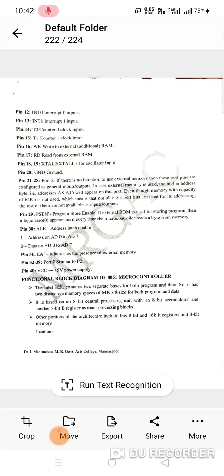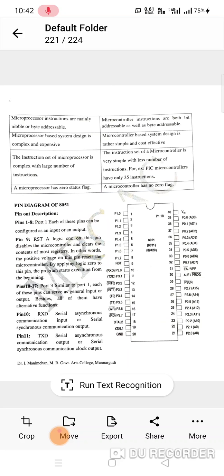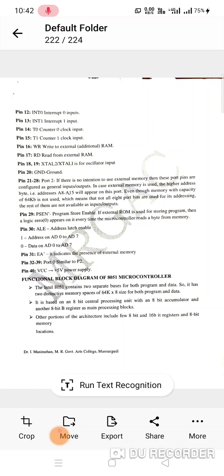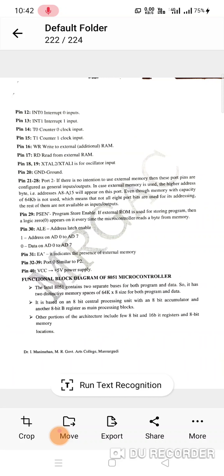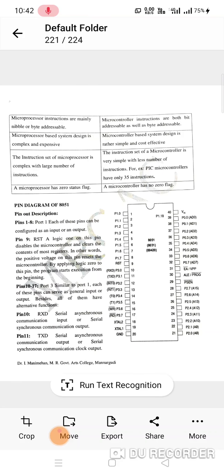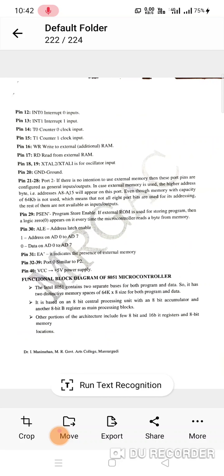It is also a multifunction pin, and it is used for the lower order address bus.